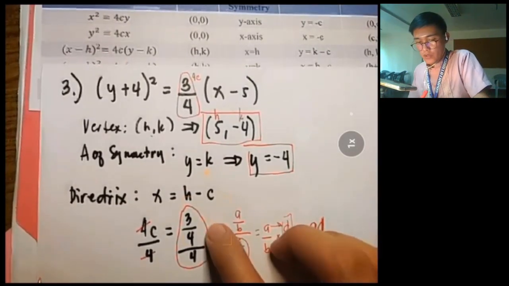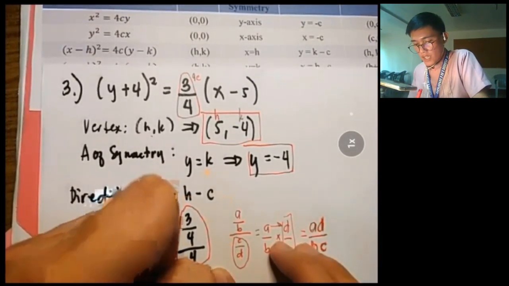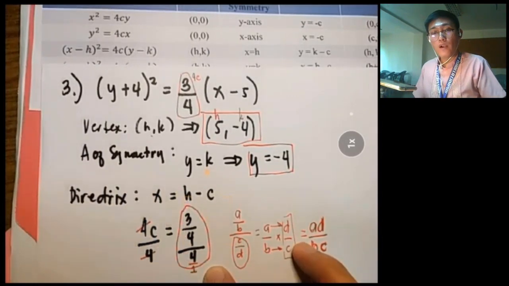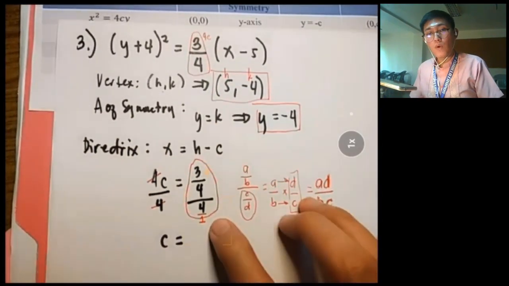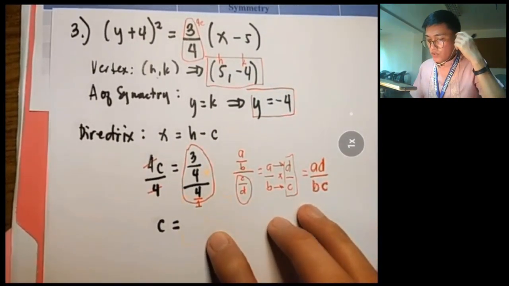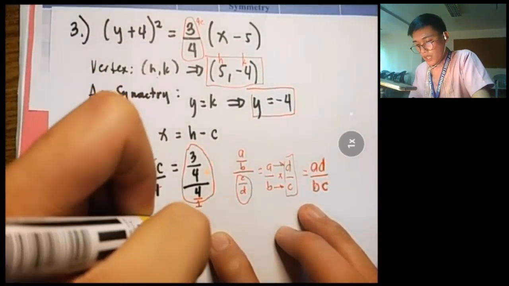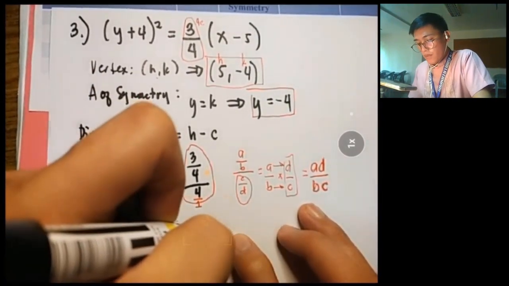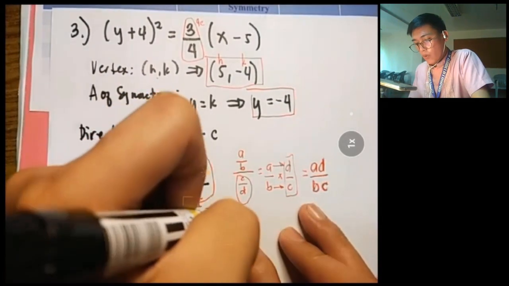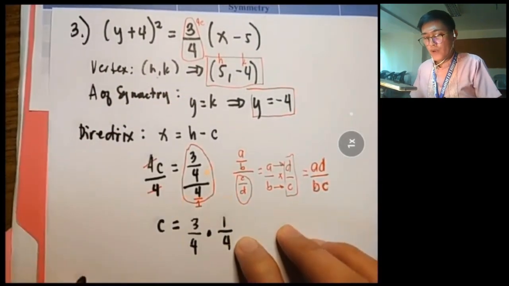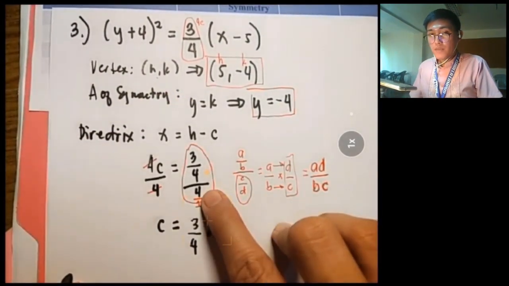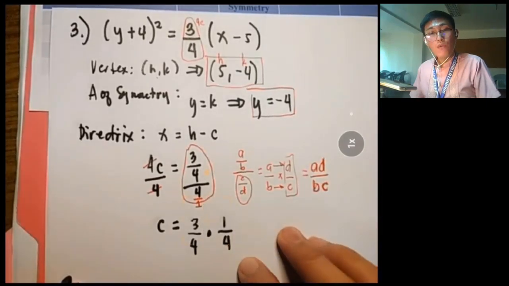So that's how we are going to do 3/4 over 4. As you know, 4 is a whole number, it has a denominator of 1. Now, let's do this: 3/4 multiplied by 1 over 4. Where did we get 1 over 4? The reciprocal of 4 is 1/4.